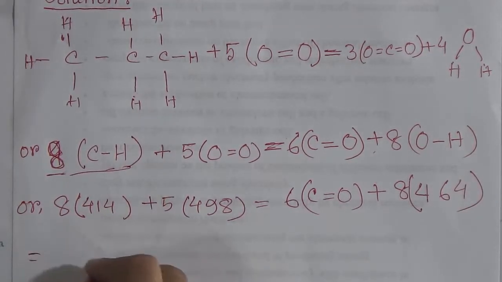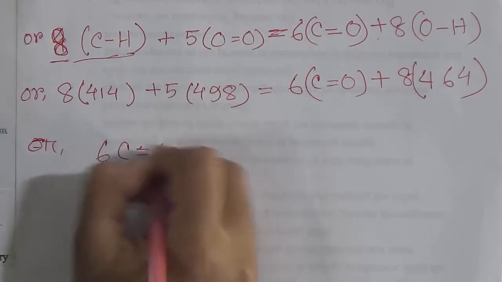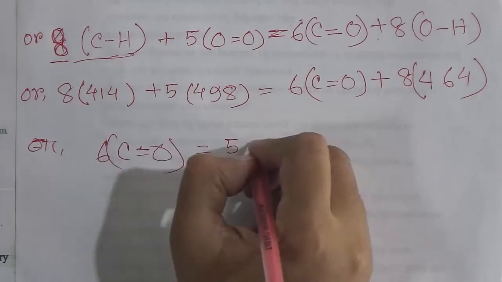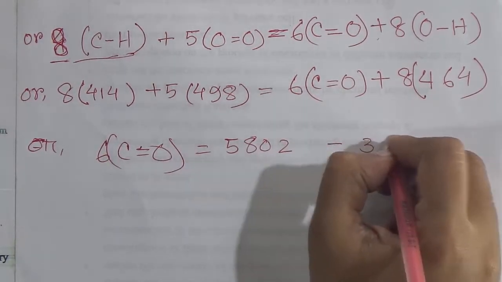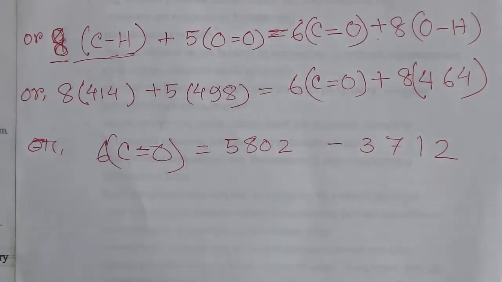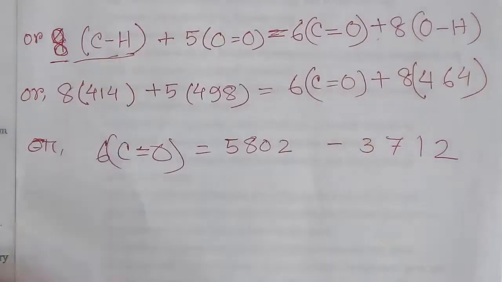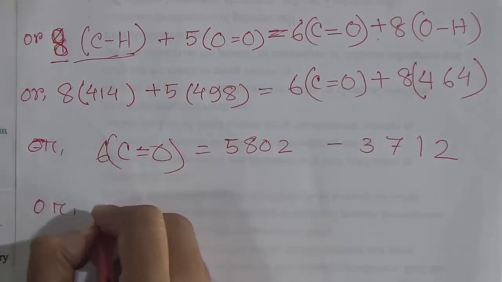Here the 6 C=O bond is equal to the total value of this one, which is 5802 minus 3712.